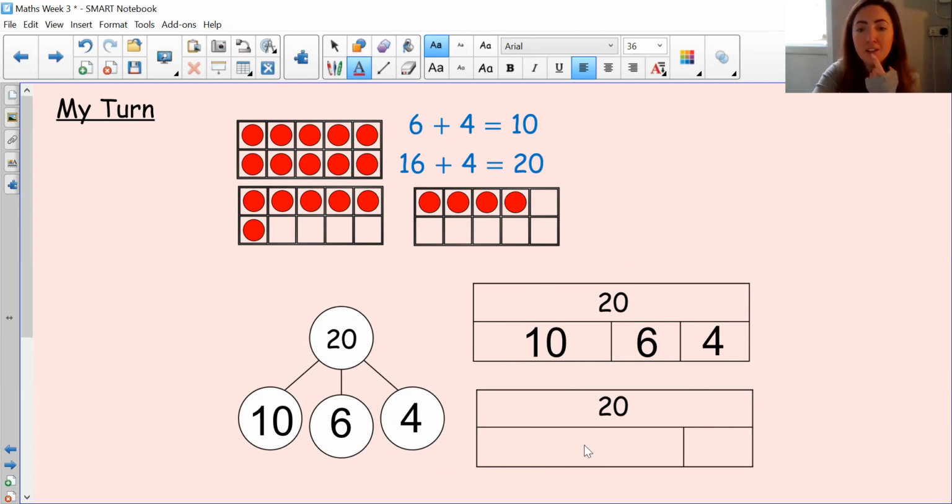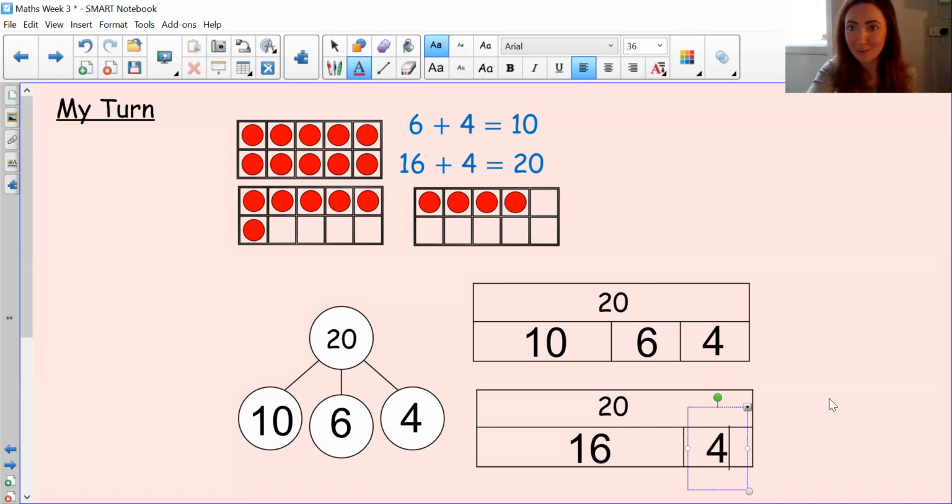Now, what part do you think this will be? We're using the same numbers that we've used so far. Yes, that's right, it's 16. Okay, because that is one of the parts of our number bond to 20, and then the other part, of course, 4.